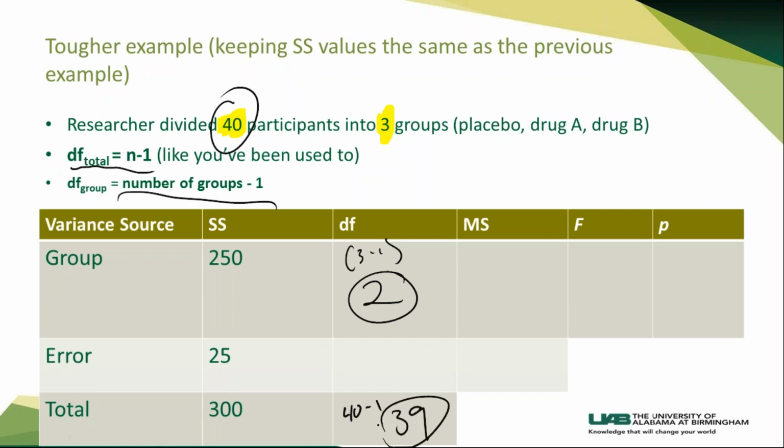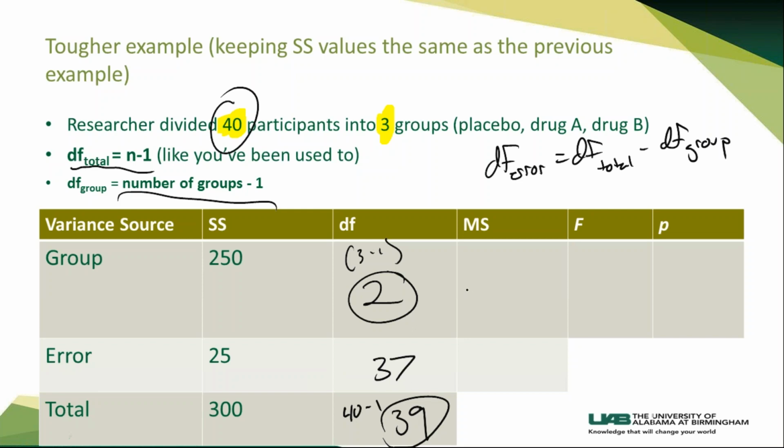So again, using that property, degrees of freedom error means df total minus df group, then I know that this is 37. So that's just simply 39 minus 2.